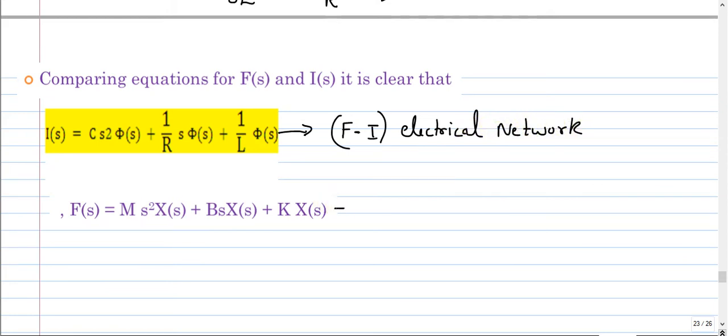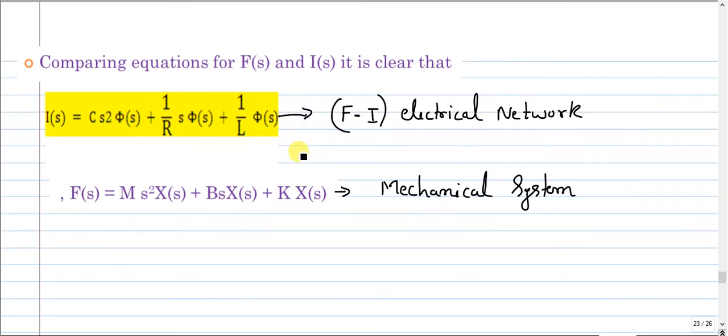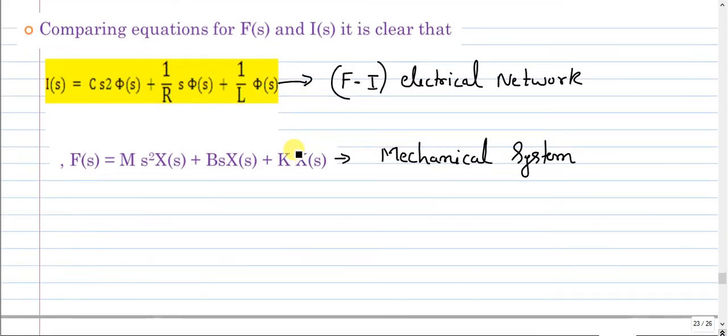And similarly, the final equation has been obtained from the mechanical system, the differential equation after applying Laplace transform. So now in this method we will compare both the electrical network and the mechanical system.